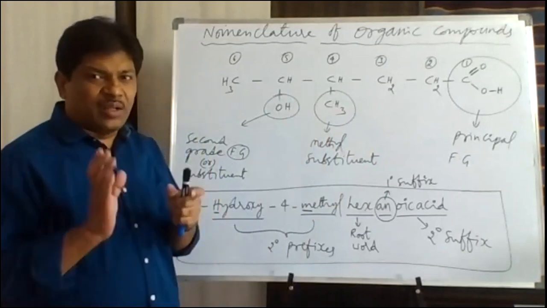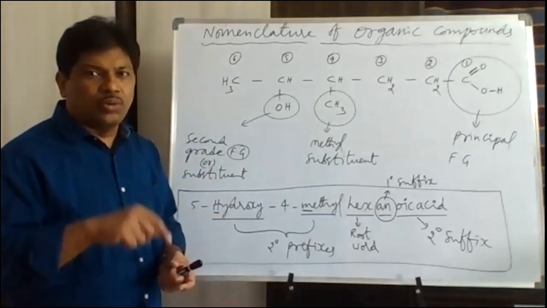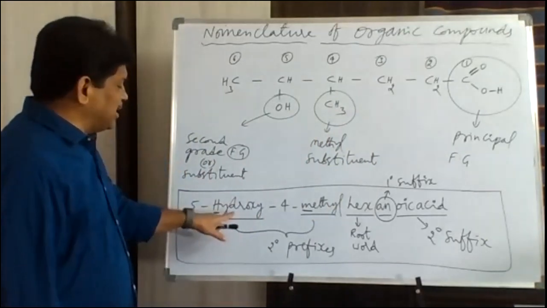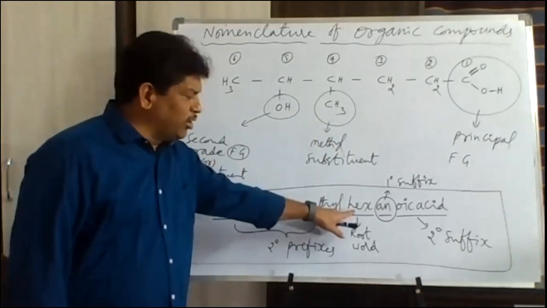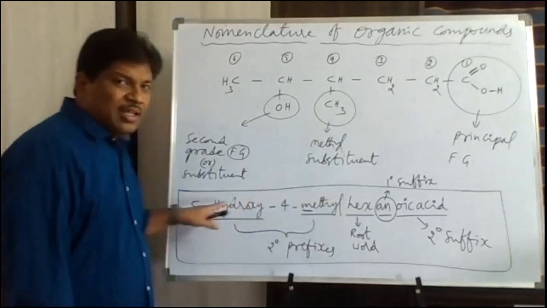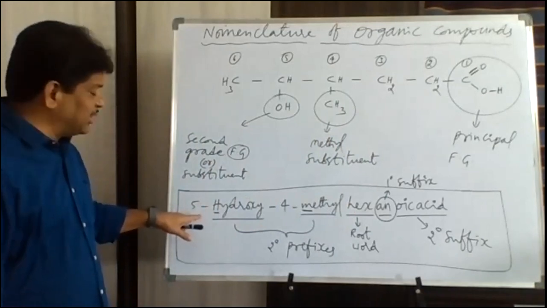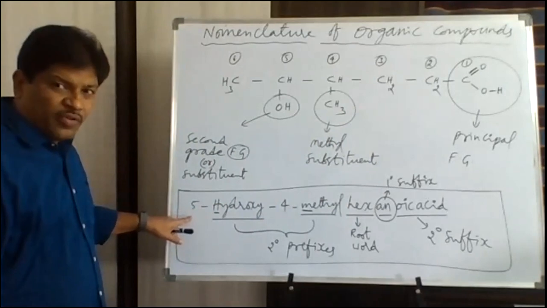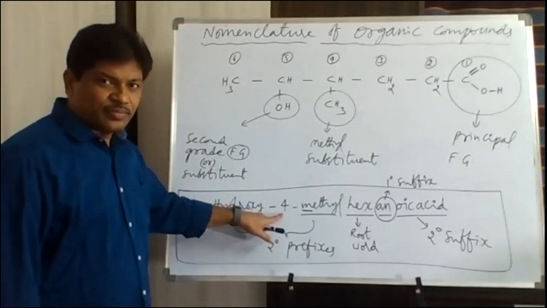The difference between number and numerical: if numbers like 1,1 or 2,2 are there, here in 5-hydroxy, 5 is a number, and this 5 is before the root word hex, so it is a prefix, a number prefix. And this 4 is also a number prefix.